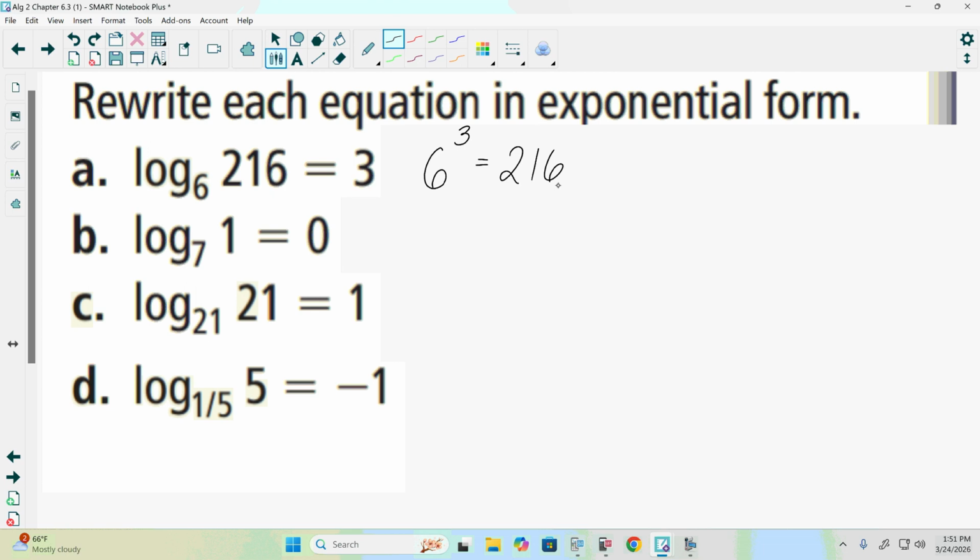Log base 7 of 1 equals 0 would be 7 to the 0 is equal to 1. Yes. Log base 21 of 21 equals 1 would be 21 to the first equals 21.